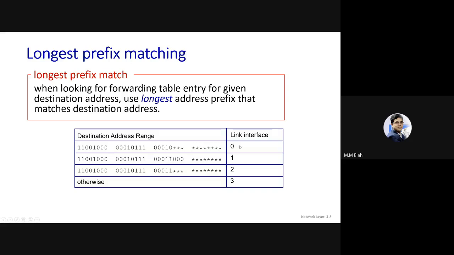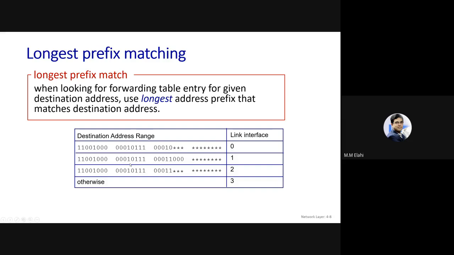Suppose the first 21 bits don't match this first entry, no problem, then it will search for the second one. This is how it works. If, else if, else if, and the last otherwise is like else, similar to the default case. Case 1, case 2, case 3, then default. So if the first one doesn't match, it will try the second one.